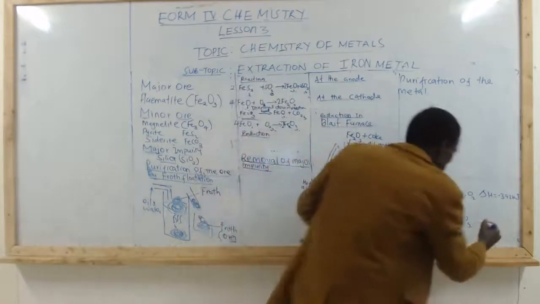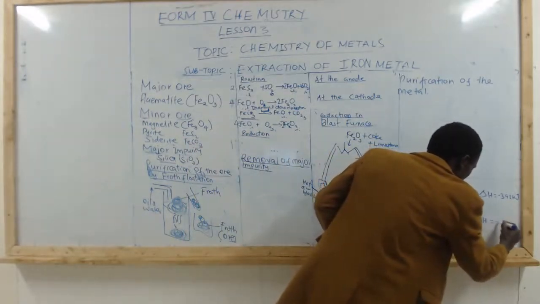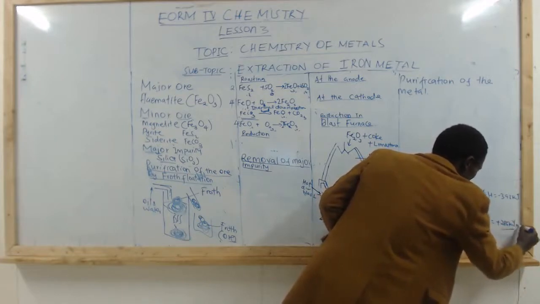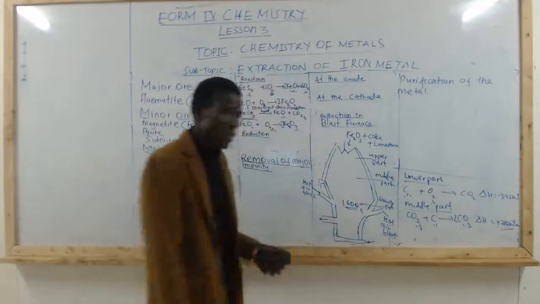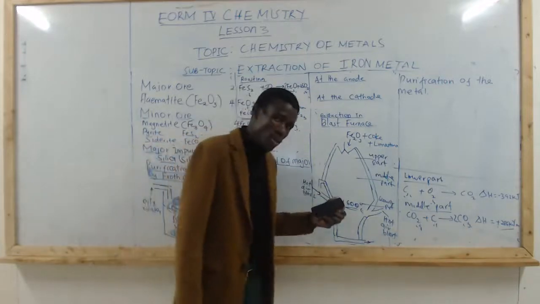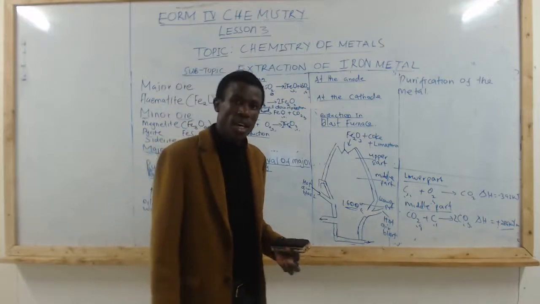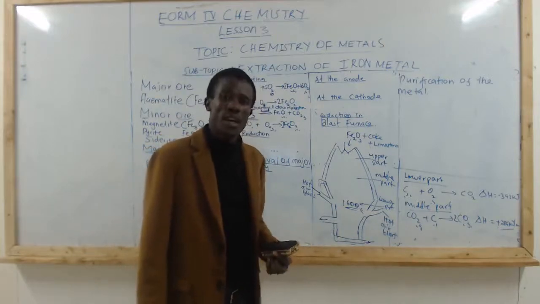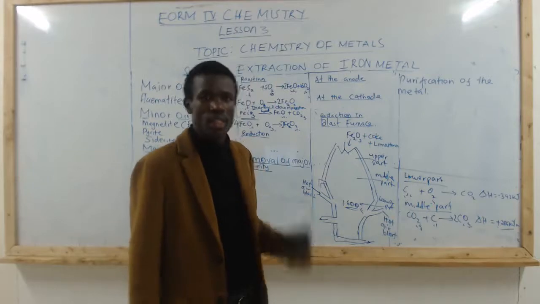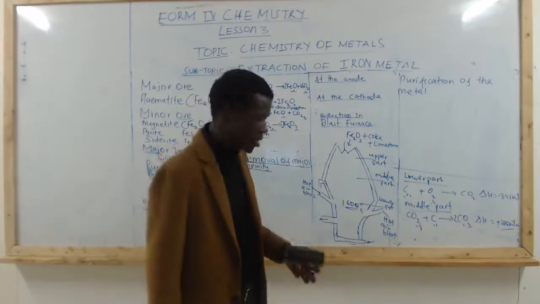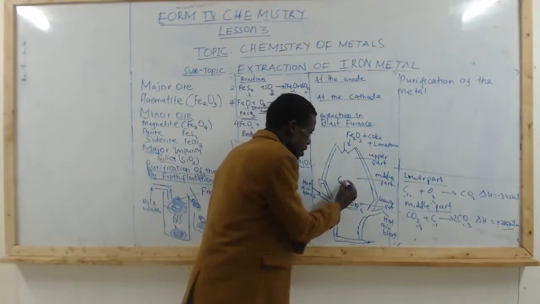This reaction is endothermic, meaning the heat is absorbed, denoted by a positive sign. So the temperature that was initially 800 at the middle part will decrease from 800 to 600.